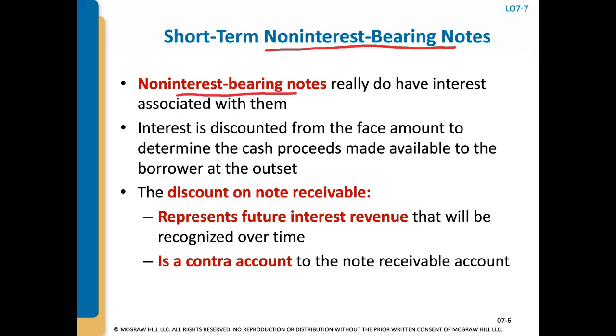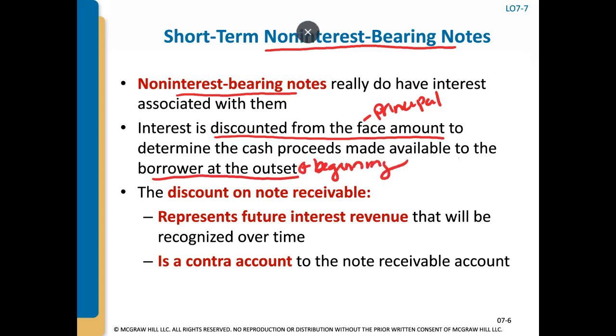Non-interest bearing notes, they do have interest, except that the interest, it says, is discounted from the face amount. So face amount is principal amount to determine the cash proceeds made available to the borrower at the outset. The outset is the beginning. So meaning if you're my customer, right, and I sell you shoes for $700,000, and you can't pay me now, so I'm going to give you a note receivable, we're going to enter into an agreement for $700,000.